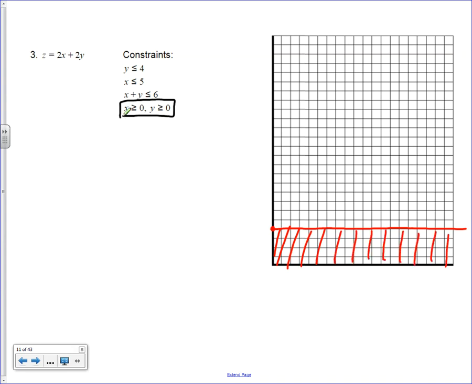My next line says x is less than or equal to 5. So we're going to go to where x is 5. And it doesn't have a y, so it can't cross the y. So this is going to be a vertical line. And that's solid again. And this should be to the left because that says less than. So far we've got that rectangle that's overlapped. And finally, I've got to subtract my x over here, which looks like that.